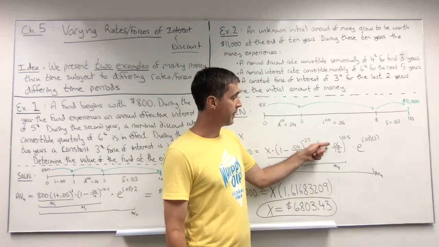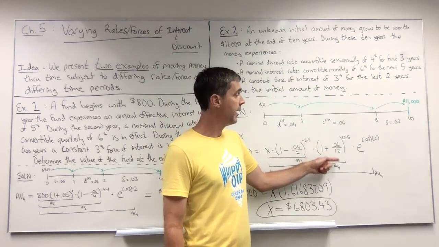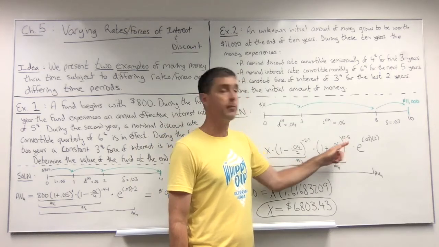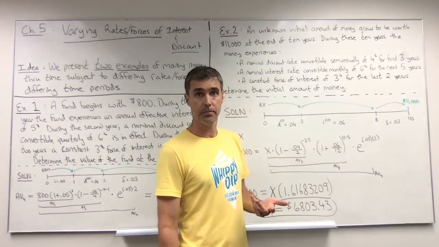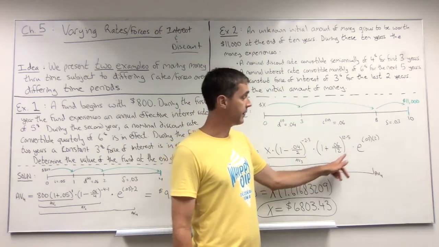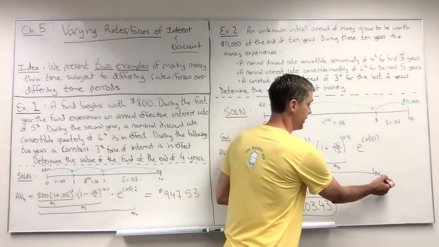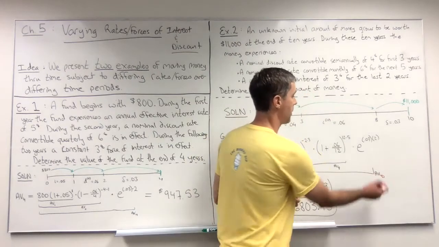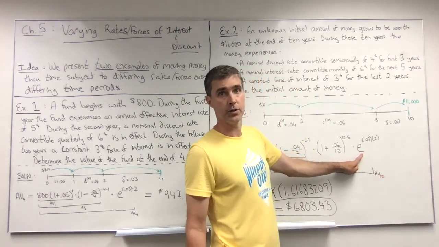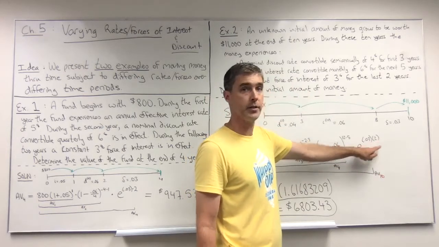So 1 plus my nominal rate, 0.06 divided by 12 months. And now I have 12 months in a year for 5 years. So I have 60 months worth of this type of growth. That gets me to time 8 years. And then the last 2 years to get to time 10, I'm going to multiply by the constant force of interest accumulator, e to the 0.03 for 2 years.